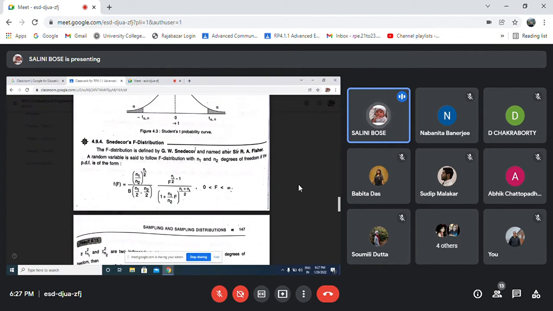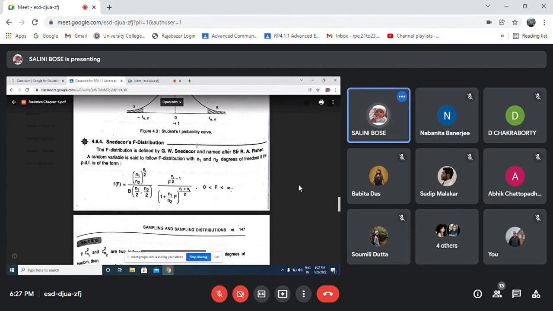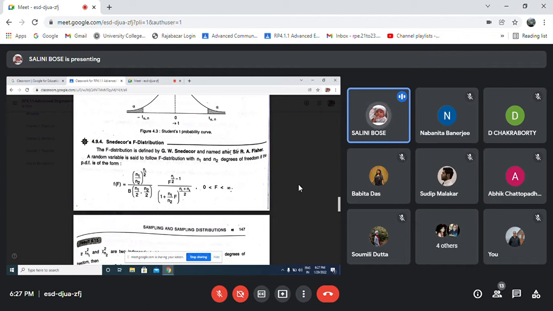Previously it was Student's T distribution. At that time, the author was not allowed to use his own name, but the F distribution was named in honor of Fisher.